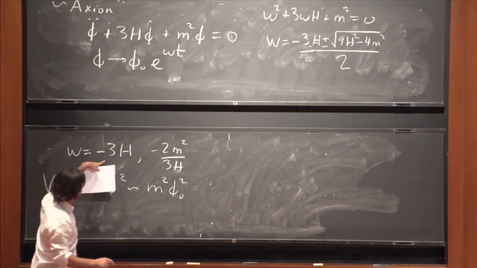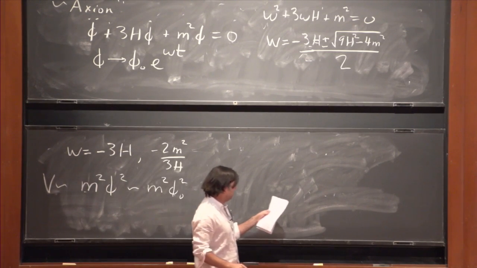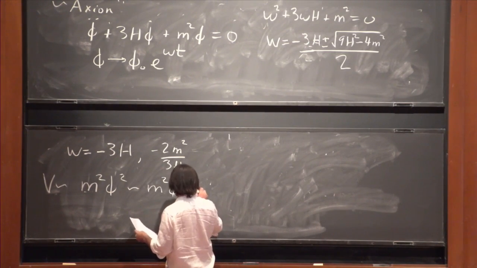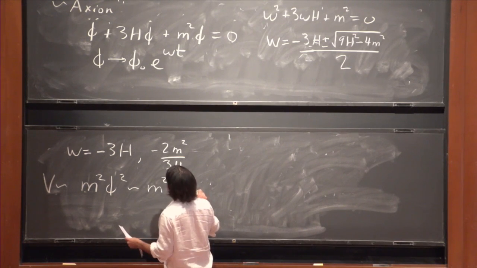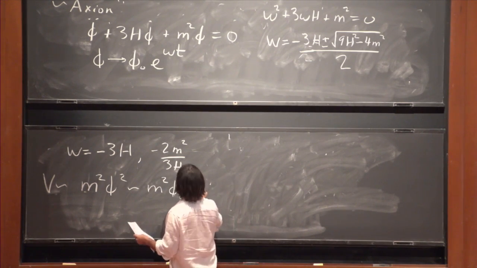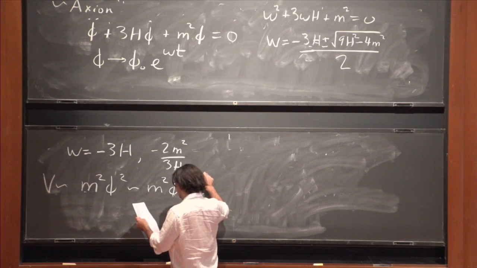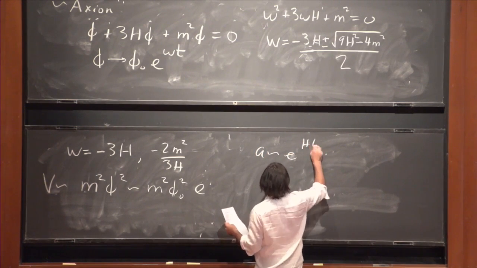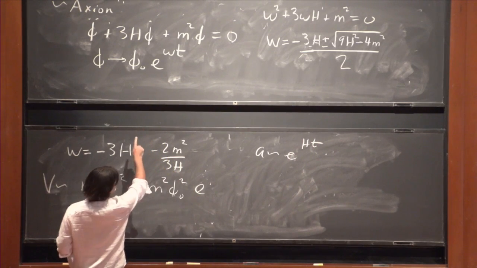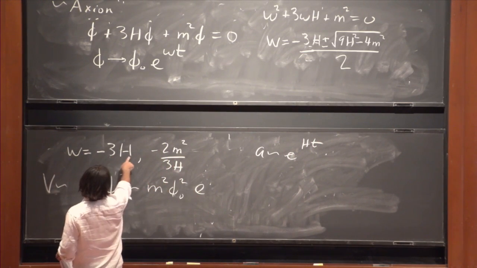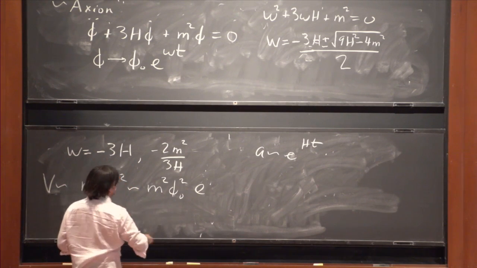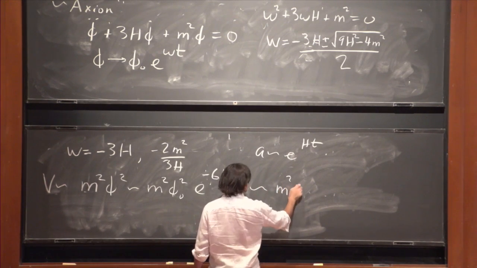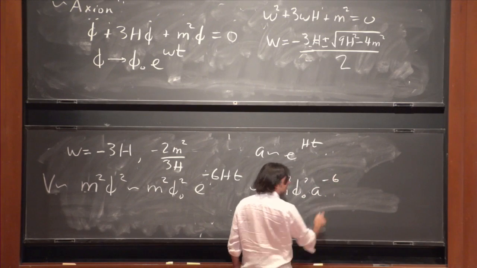But since omega is minus 3H, then this field is going to scale like e to the minus, since a is proportional to e to the Ht in de Sitter space, e to the 3Ht, phi squared goes like e to the minus 6Ht, which tells me that this energy density goes like m squared phi naught squared a to the minus 6.